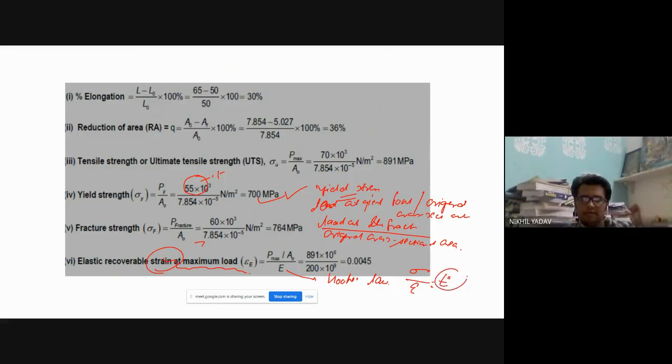The E value we have been given in the numerical, right? And stress is what it is saying at the maximum load. So here we will be applying P max upon A naught, and P max upon A naught we have found out here only, right? So here it will be 91 upon E, with the strain at the maximum. Fine.